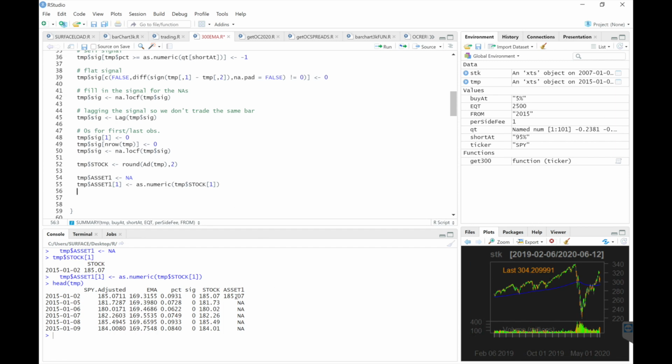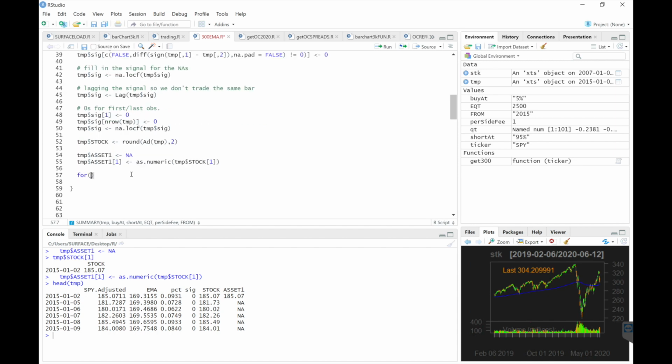Alright, so now I'm going to iterate through each row. If the signal changes, so will our price. So essentially, if this were a 1, it would change our trade price to this current price. Alright, so I'll do for ii in 2 through the number of rows in temp, do the following.